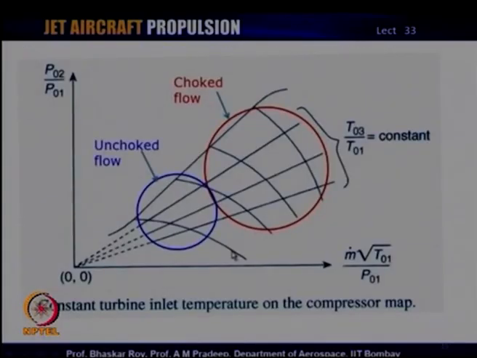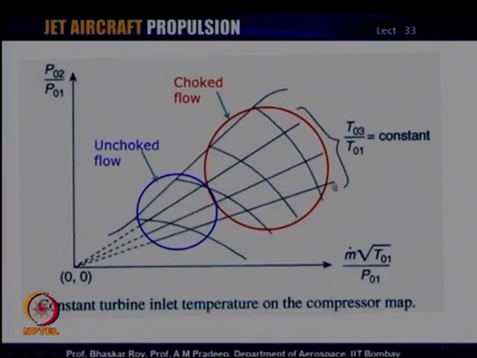If we look at the diagram which we had looked at in the last class also, the pressure ratio versus normalized mass flow versus the cycle temperature ratio, the constant temperature ratio lines are the linear lines cutting right through the compressor map, so to say, and these lines of course are the speed lines.